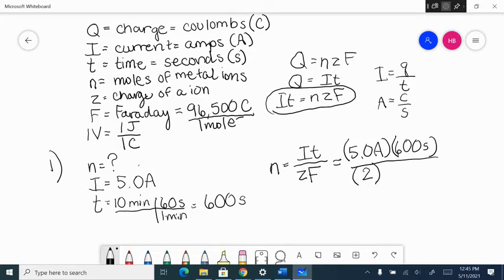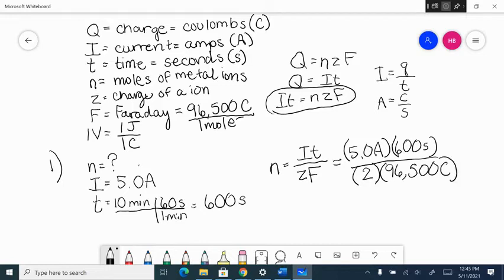That's how many valence electrons copper has, times F, which is Faraday's constant, 96,500 coulombs per mole of electrons.